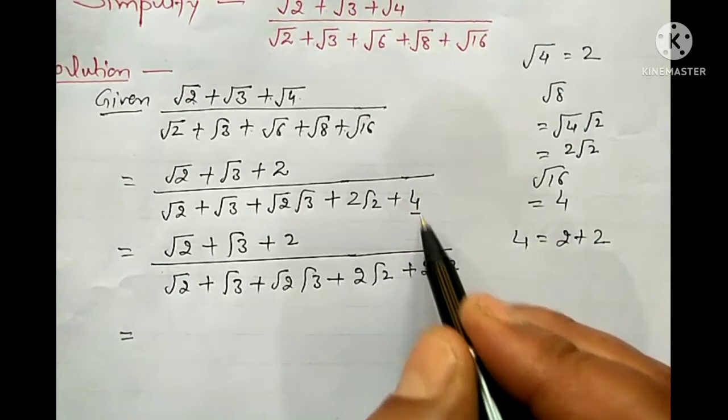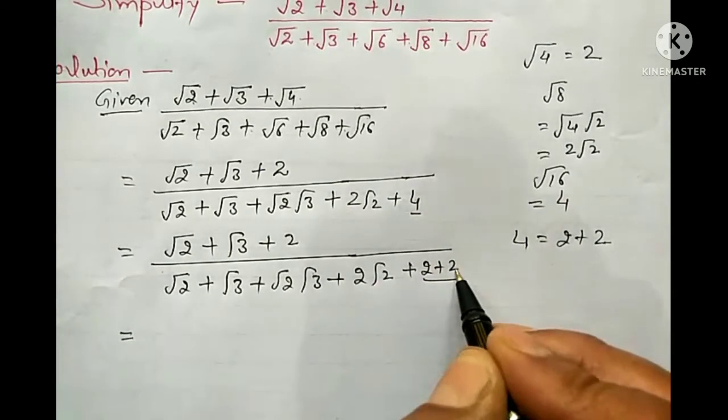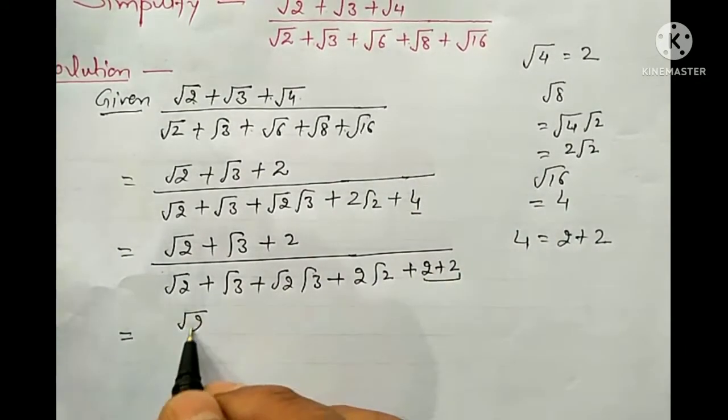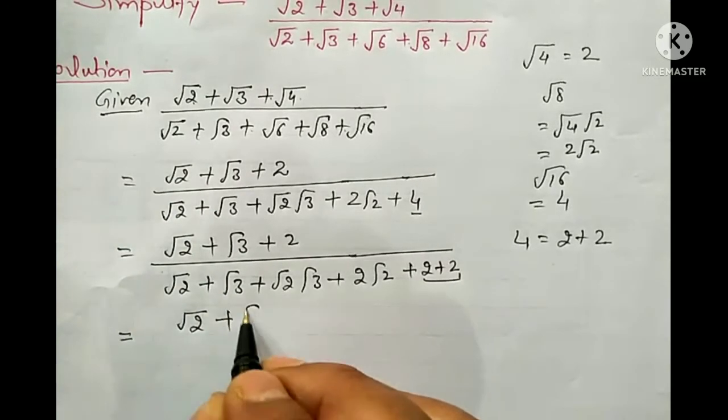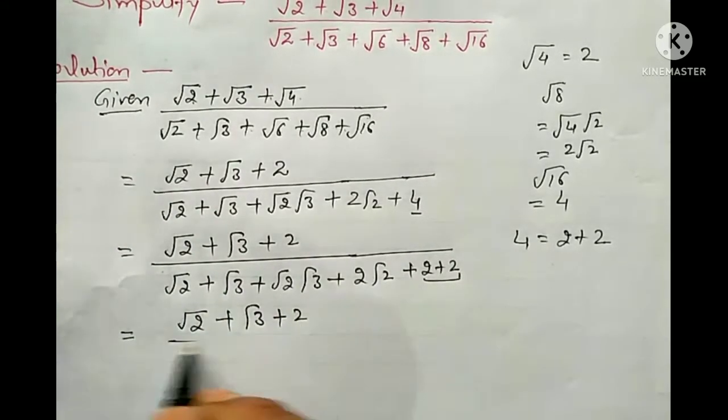Here instead of 4 we write 2 plus 2. Now this is square root of 2 plus square root of 3 plus 2 over.